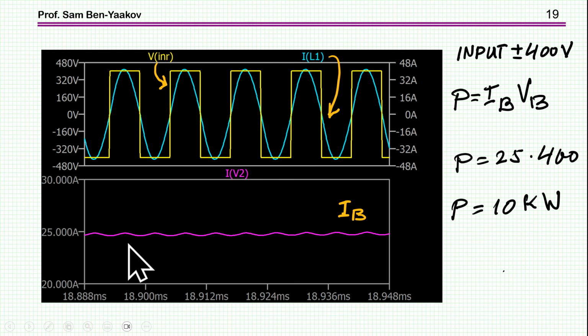First of all, you see that we got 25 amp to the battery, which is the target, 10 kilowatt, 400 volts. And then we see the input as a square wave, plus minus 400 volt. In the first harmonic approximation, we assume, of course, that this is like a sinusoidal input, the first harmonic only.